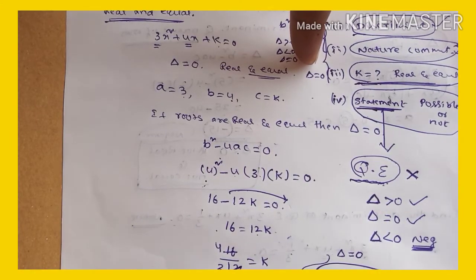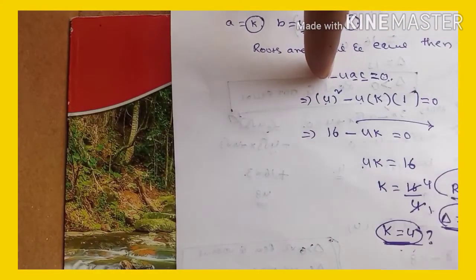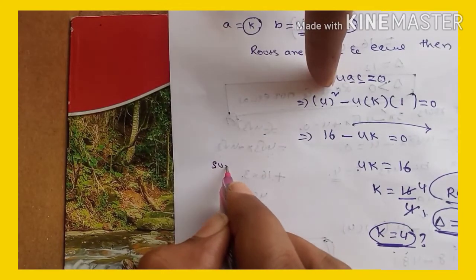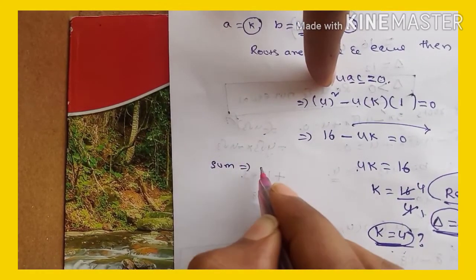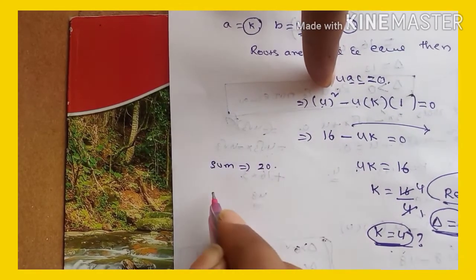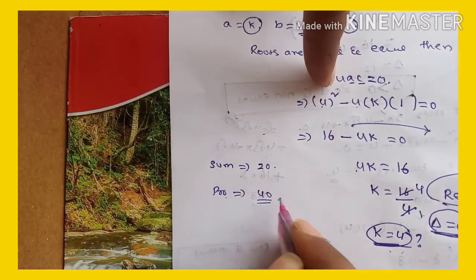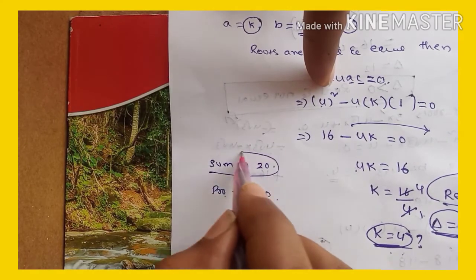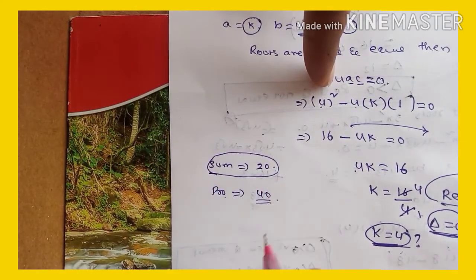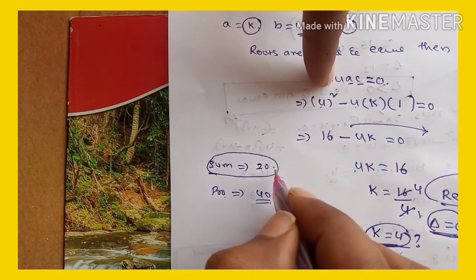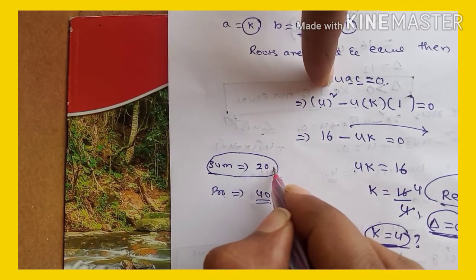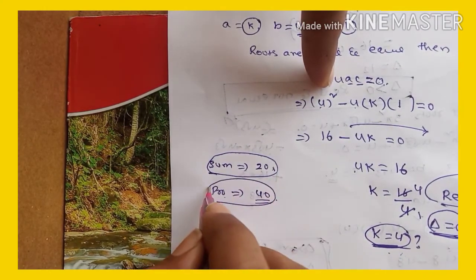Okay, what is that? Let's discuss here. Suppose the sum of the ages of two friends is equal to 20 and the product of their ages is equal to 40.